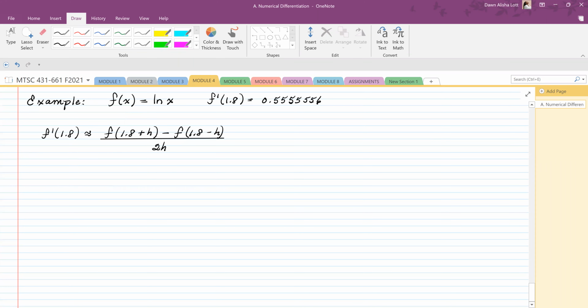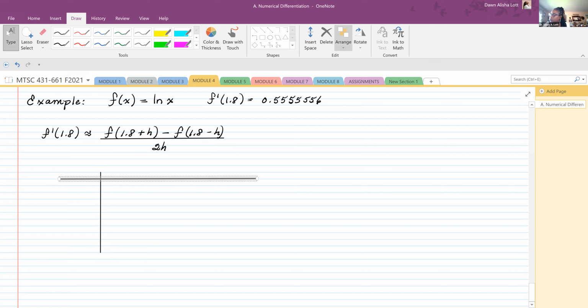So here's my table. This is h. This is 0.1, 0.01, and 0.001. And so f prime of 1.8, we get 0.55613.